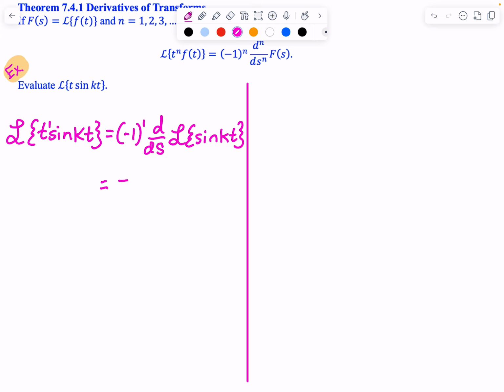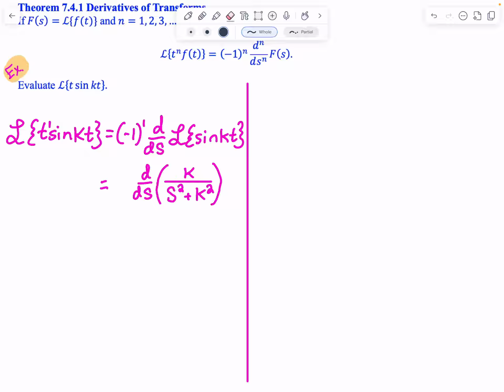All right, so that gets me a negative d/ds. Okay, and then the Laplace of that, so I'm going to do parentheses, of sine is going to be k over s squared plus k squared, where k is on the top. All right, we could bring that negative in if we wanted to. I think I am going to.